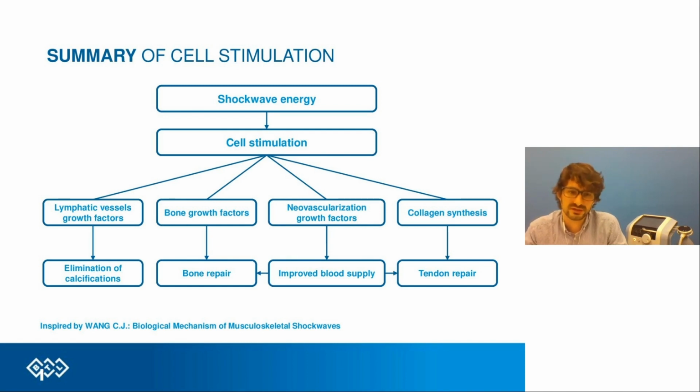And last but definitely not least, the neovascularization process, which is again done by cell stimulation, producing growth factors. Upon this improved blood supply, we are also helping tendons to repair in chronic tendinopathies, and also bone repair in pseudoarthrosis or bone non-unions.